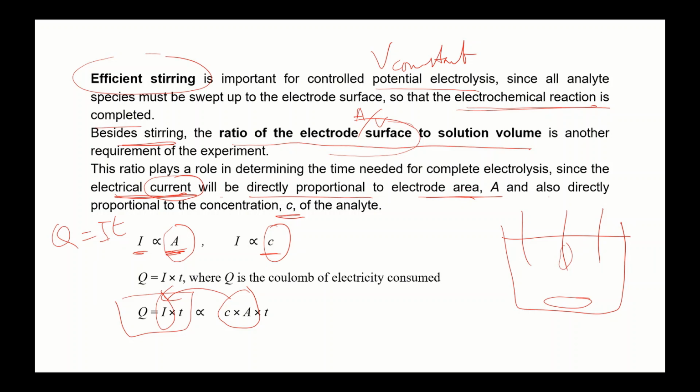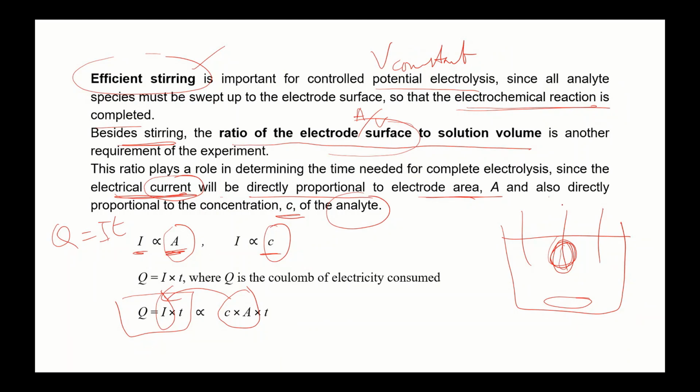So you need to stir the solution effectively, and the working electrode must have a very high surface area, in order to confirm that the analytes can oxidize or reduce.